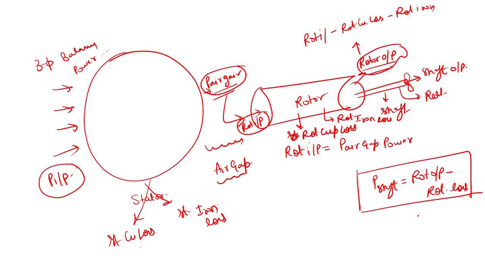Okay. So at the end, I would like to conclude that the induction machine has simple construction. It is very simple construction. It has a robust and rugged structure.